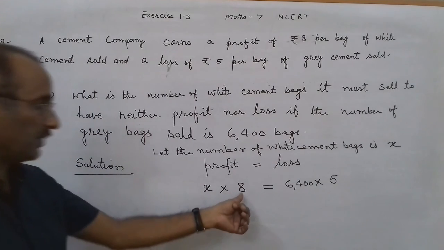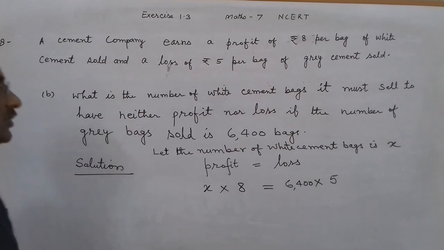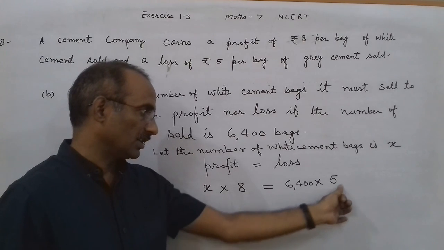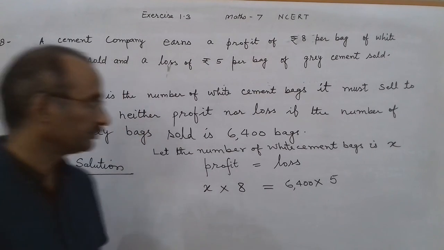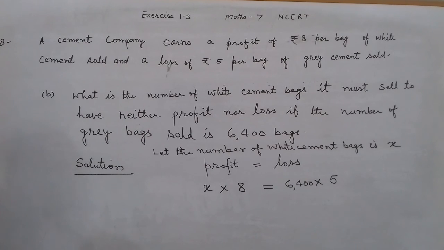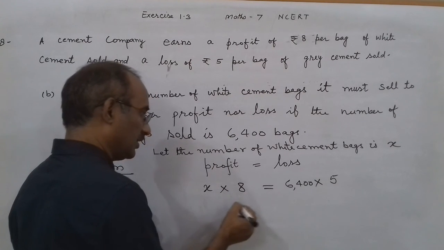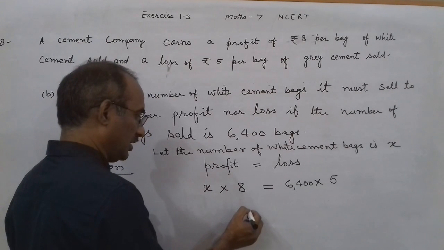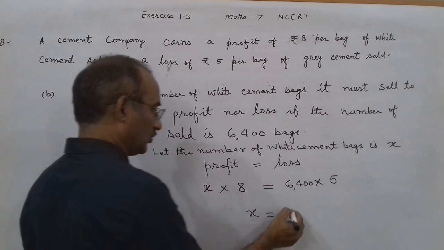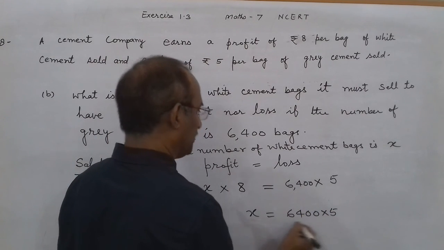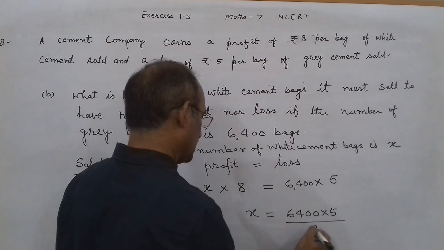So x is multiplied with 8 and 6,400 multiplied with 5. If we divide the whole equation by 8, then we get x equals 6,400 multiplied with 5 and divided by 8.